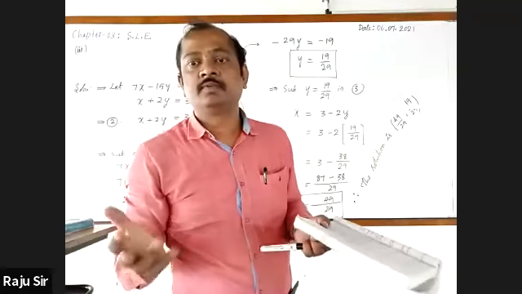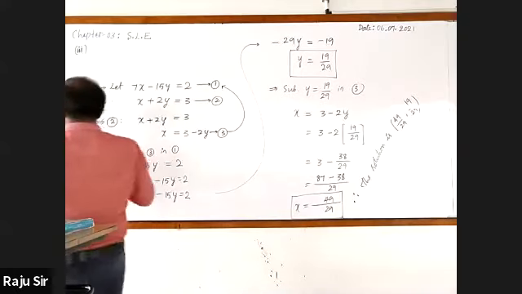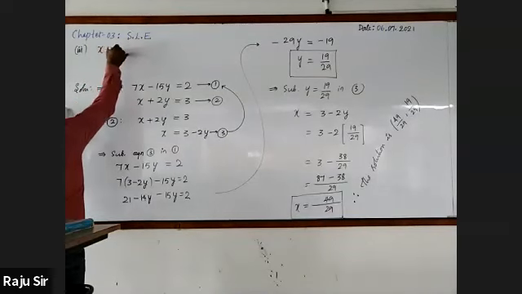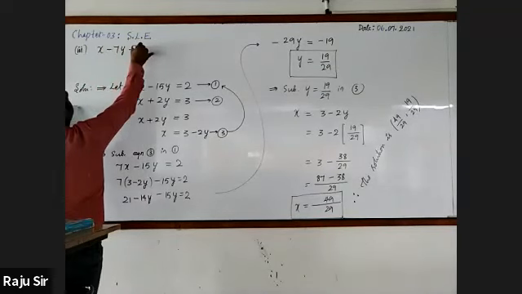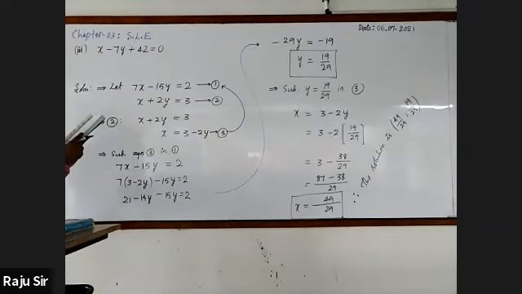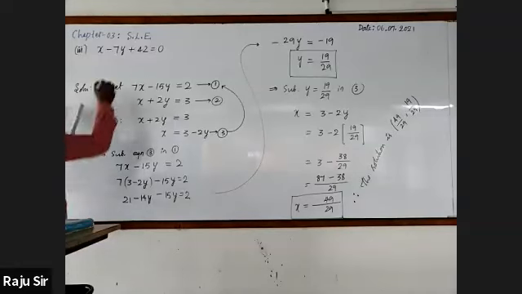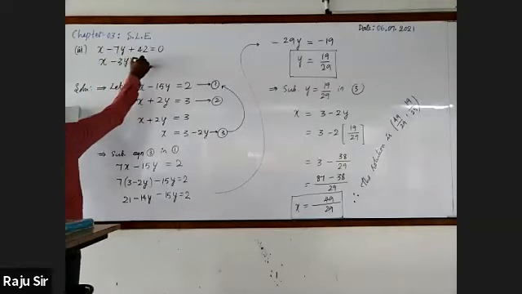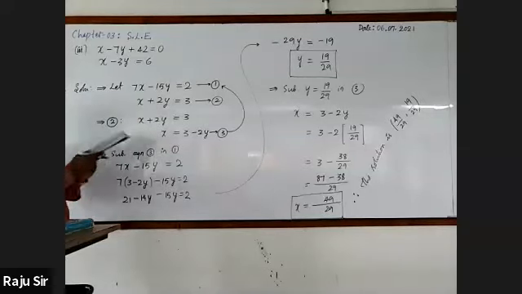It is x minus 7y plus 42 is equal to 0. Another one: x minus 3y is equal to 6.